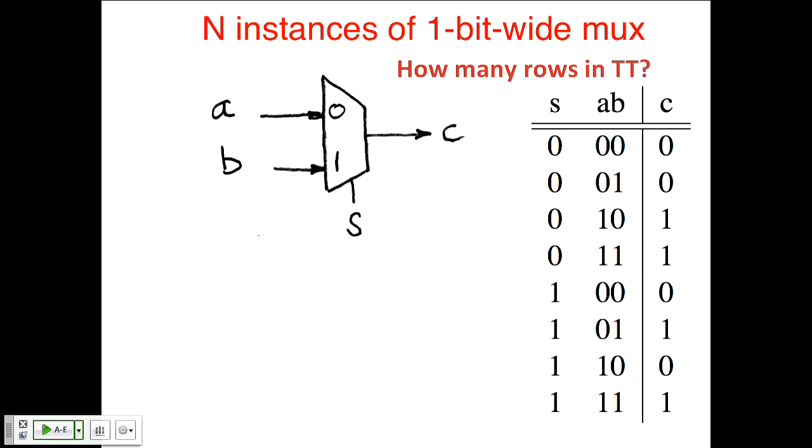If S is 0 and A is 0, whether B is 0 or 1 doesn't change anything; C always has a copy of A. And conversely, if select is 1, you're copying B to the output C and ignoring A. So that's the function of a MUX: just select one of the two inputs according to the select signal and propagate it to the output.